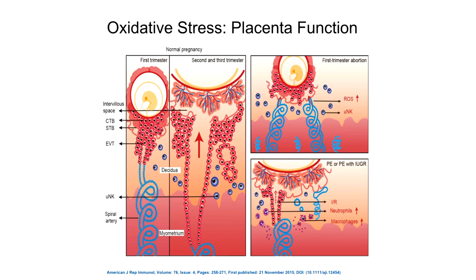Interleukin 10 has the property to lower the cytotoxic functions of the natural killer cells. This will provide the opportunity for the syncytial trophoblast cells to invade the mother's tissue without getting rejected.